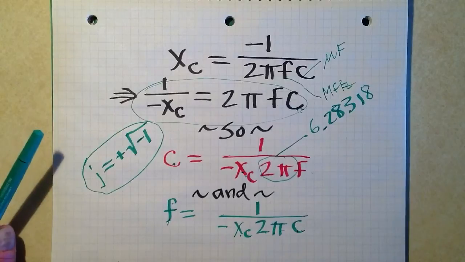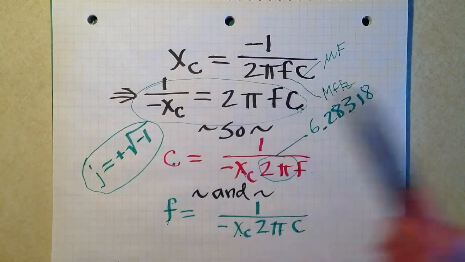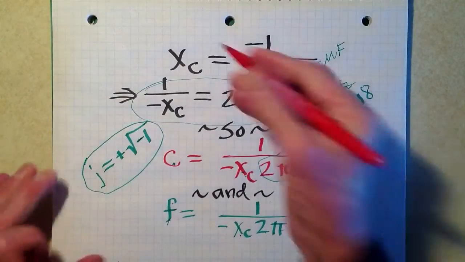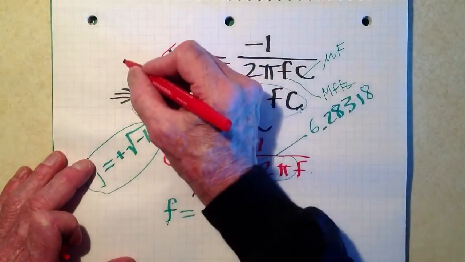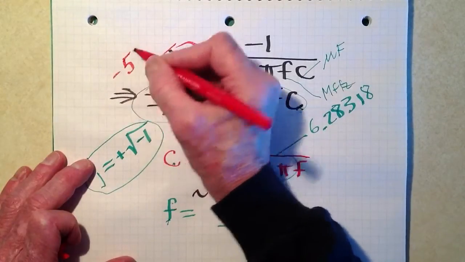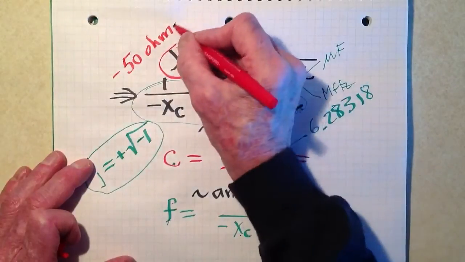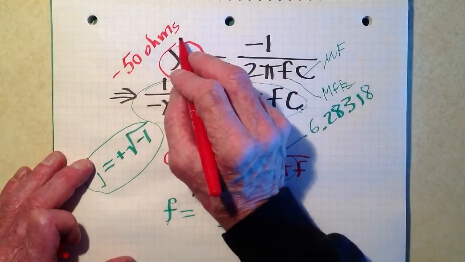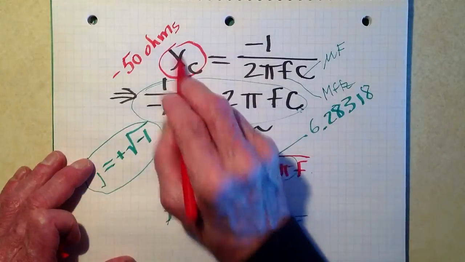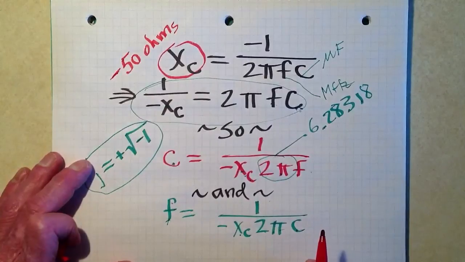So let's just suppose now that we want to obtain a capacitive reactance of, let's say, minus 50 ohms. Remember, we're talking here about capacitive reactance, so we need to put that minus sign in there.